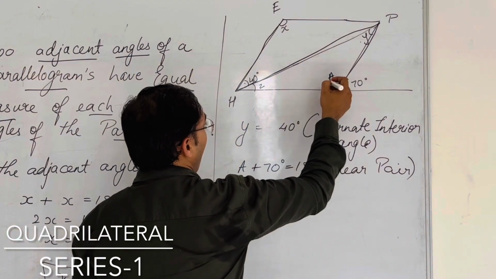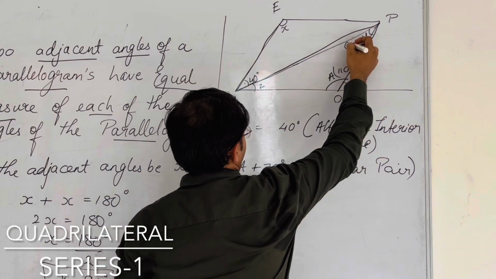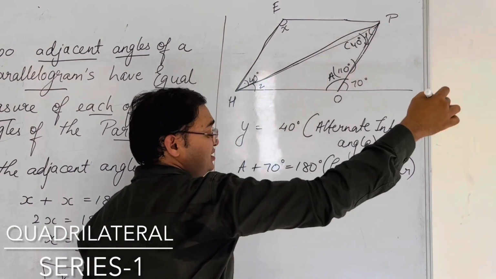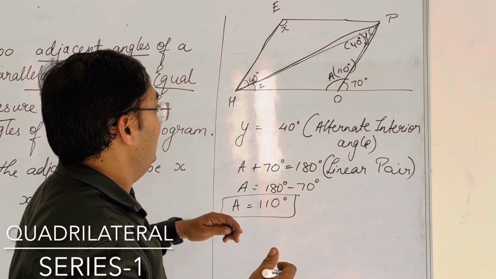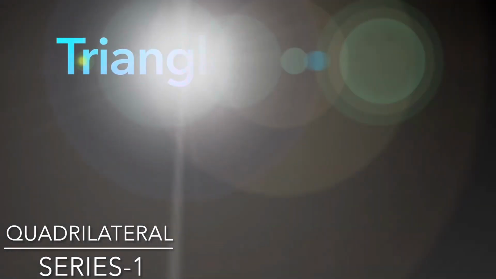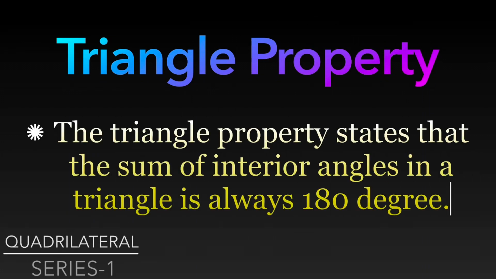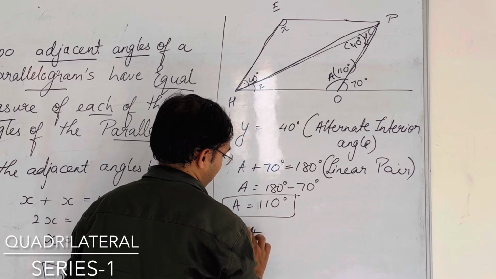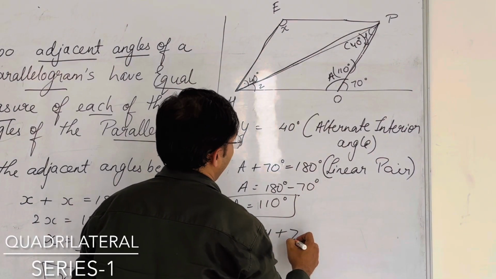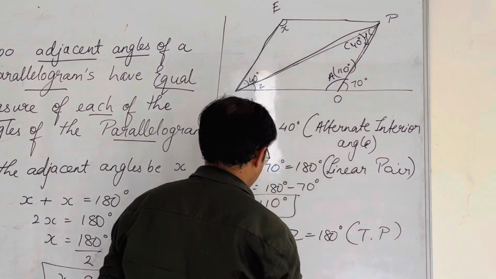Now I got this angle, 110 degrees, and this angle I know is 40 degrees as alternate interior angles. If I know y and A, I can easily find z using the triangle property. So A plus y plus z equals 180 degrees using the triangle property.